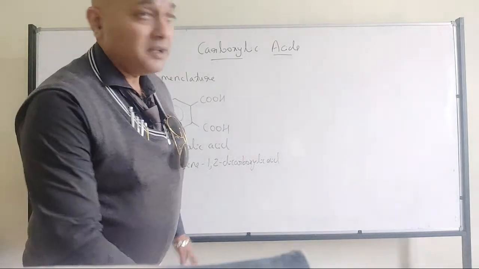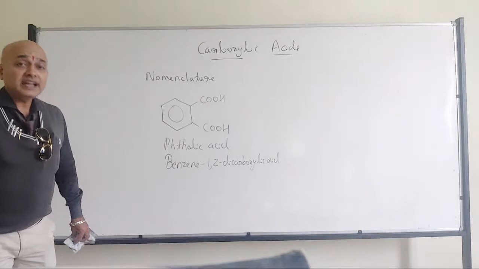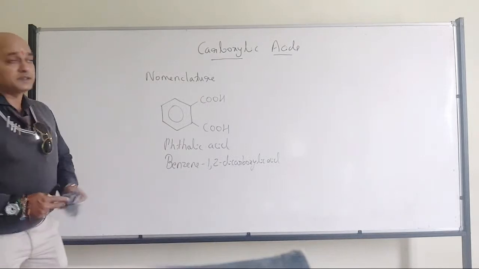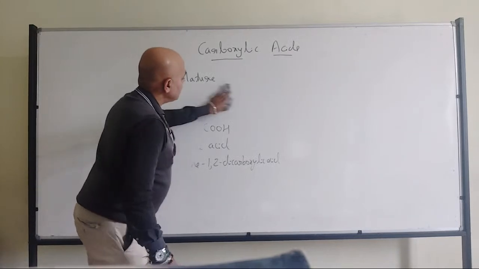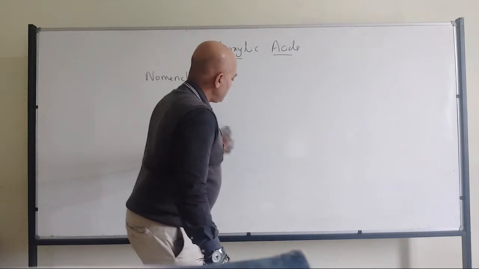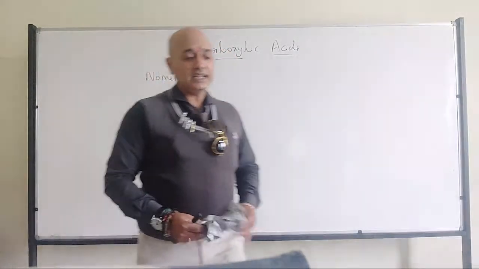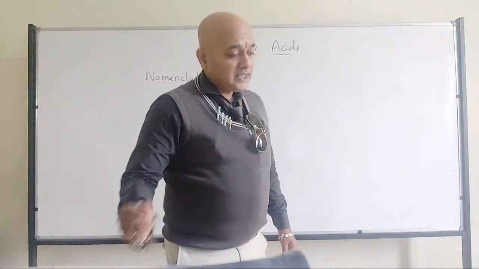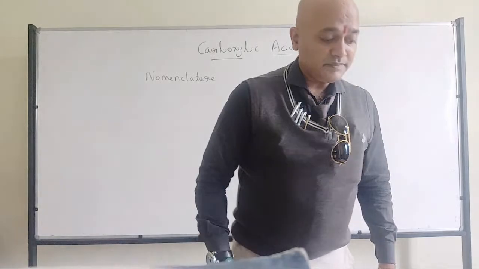No problem. But benzene 1,2-dicarboxylic acid will be more appropriate. So that's where we have the IUPAC name for phthalic acid. You can try to learn succinic acid, adipic acid, phthalic acid and all.